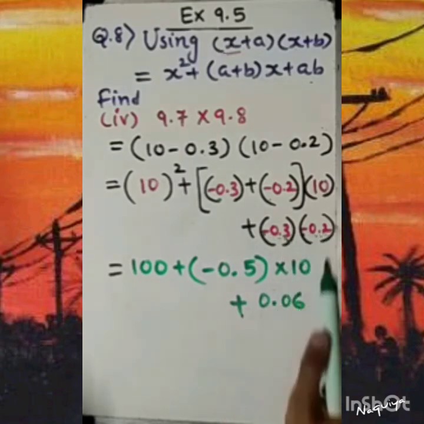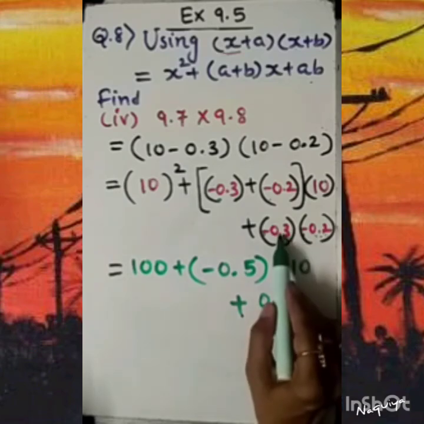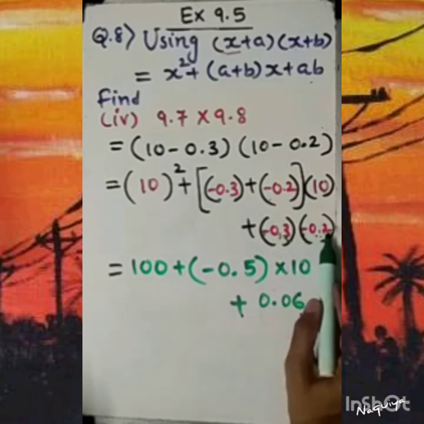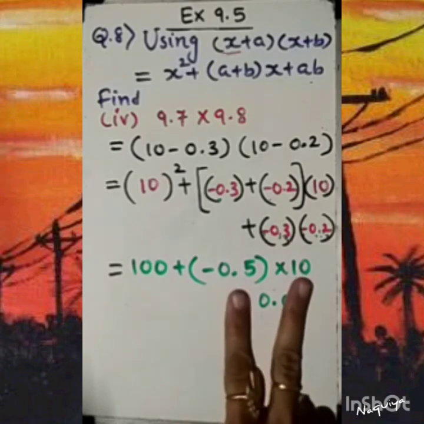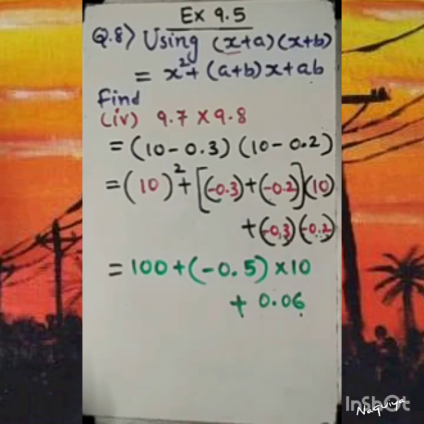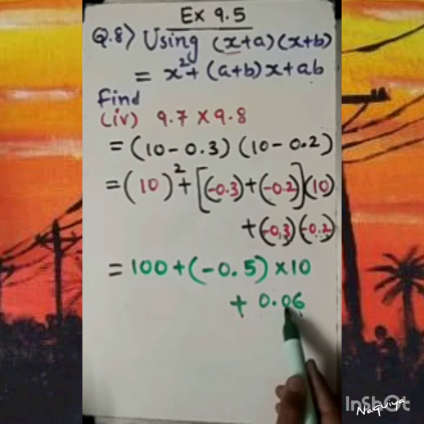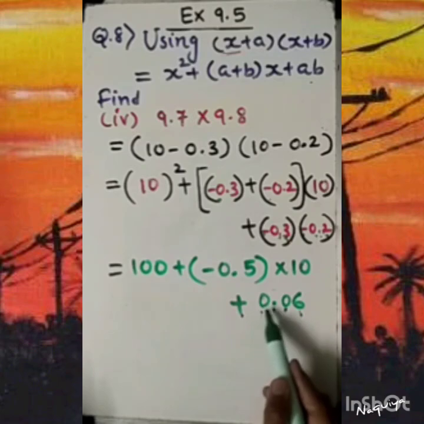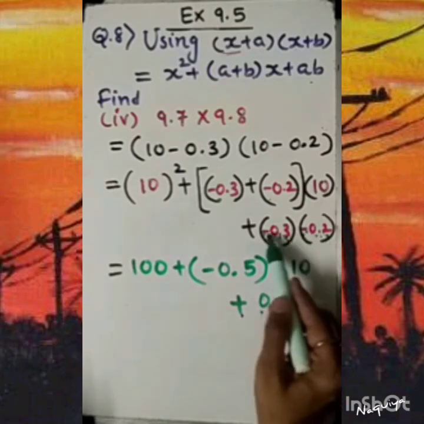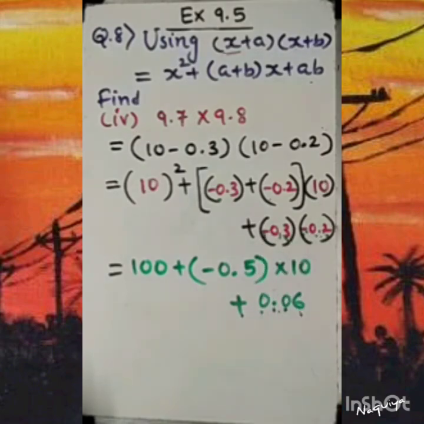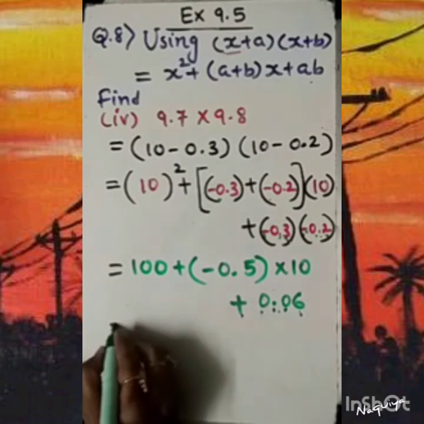Here 3 2s are 6 I have written, but after decimal 1 digit, here also 1 digit, so total 2 digits we need to shift from the back side. So 6 is already there, so if I shift 2 digits, then I need to write one more 0 here, and then here it will be 0.06, and minus minus while multiplying is plus. Fine. So let's work out further.